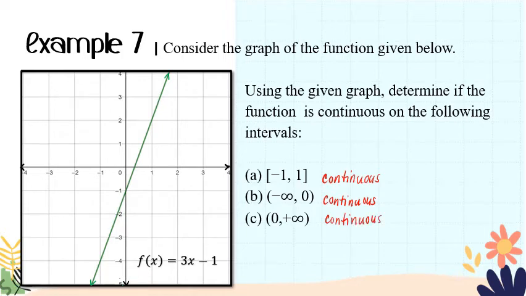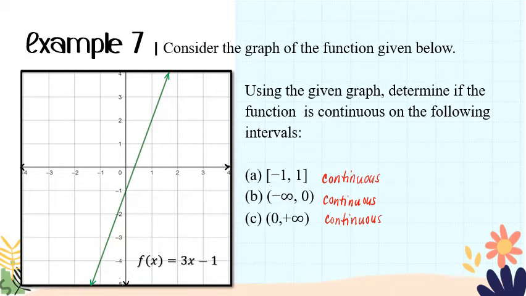Alright, so looking at our function here, what we have is a linear function. And looking at our graph, there's no hole, there's no jump, there's no vertical asymptote.